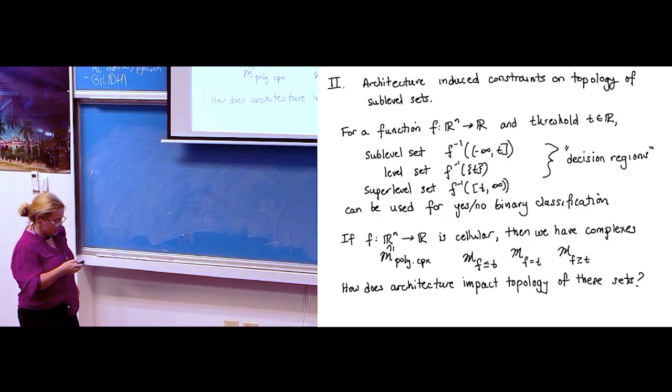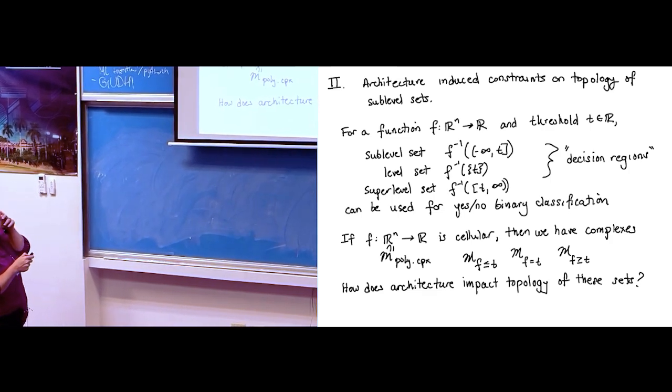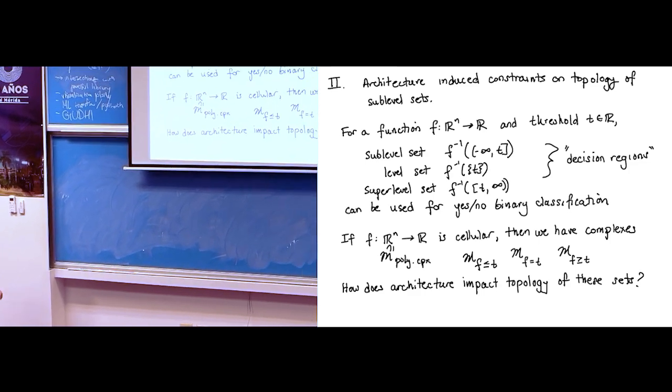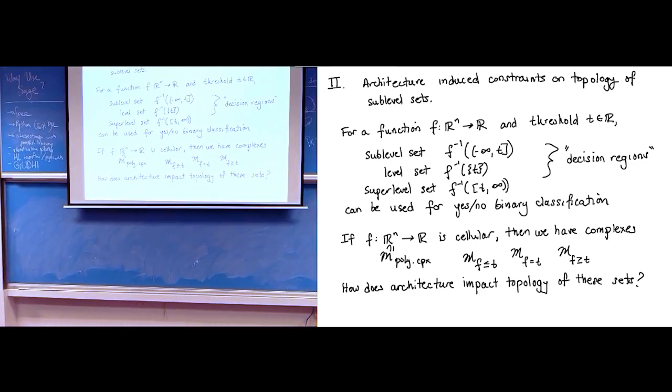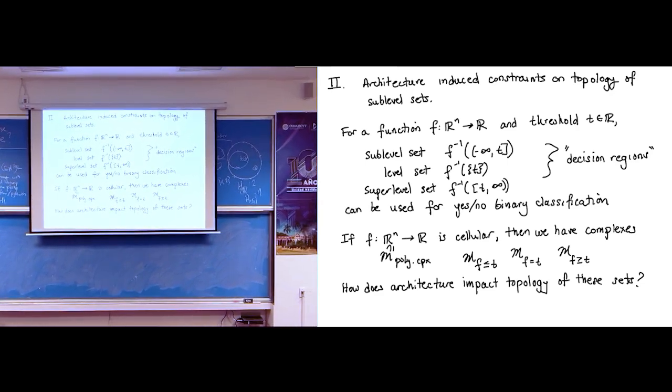Okay. So section 2, architecture-induced constraints on the topology of sublevel sets. First we're going to recall what a sublevel set is. Suppose you've got a function f that goes from Rn to R, and you pick a threshold t in R. The sublevel set is just all the points where the function takes on the value t or below.